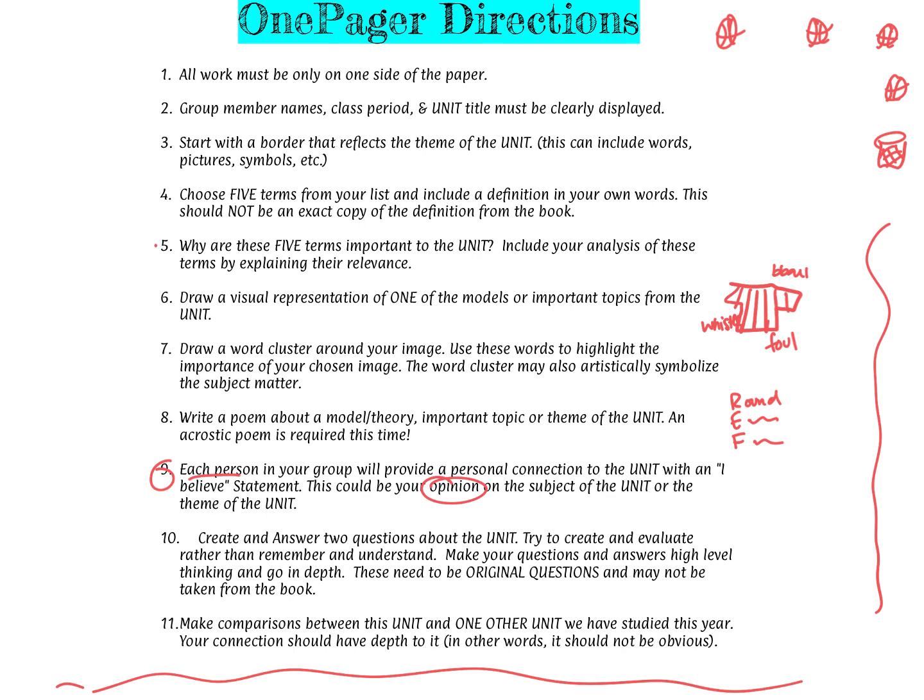Number 10 is to create 2 questions, and these should be higher level instead of just, what is the definition of basketball or whatever. Make sure that those are a little bit higher level and that you're not getting them from the textbook. So come up with those on your own. And then the last one is to make a comparison between the unit that you have been given and a different unit from up above. And that connection should be on the deeper end.